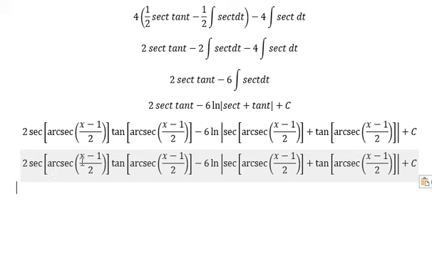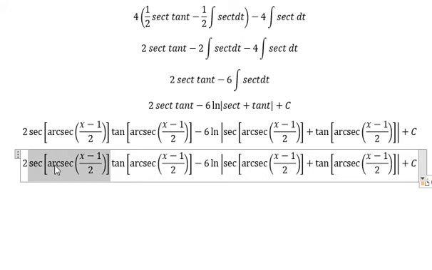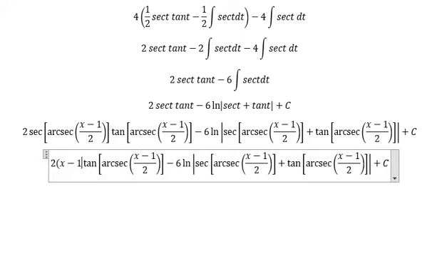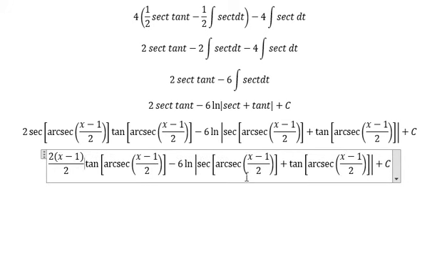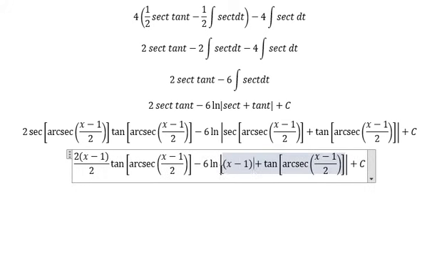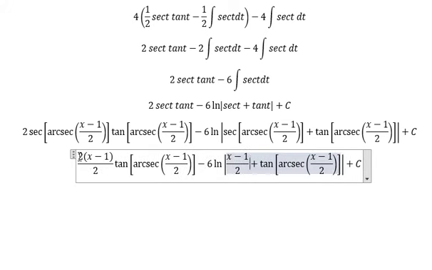Secant with arc secant, you will go about s minus 1 over 2. Similar for this one. Number 2, we simplify.